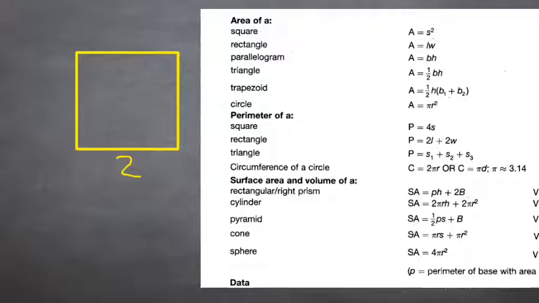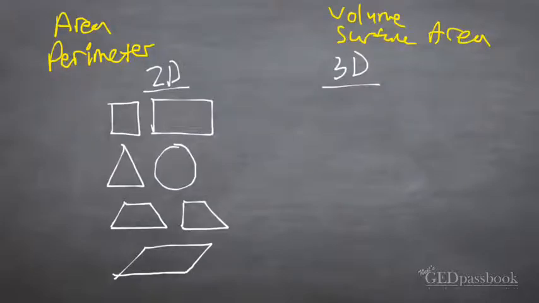But here's the thing. There's not many formulas for the perimeter of these shapes. And the reason is because, my friends, for the perimeter of all these 2D shapes, sure, there's a couple formulas, but you don't really need to use a formula.